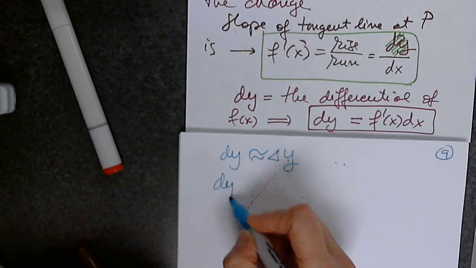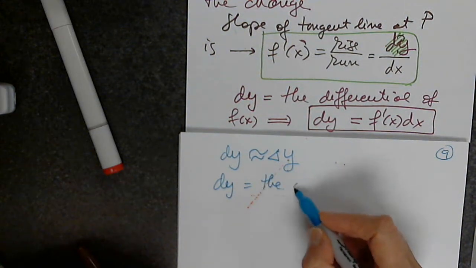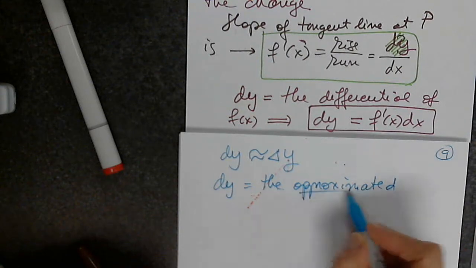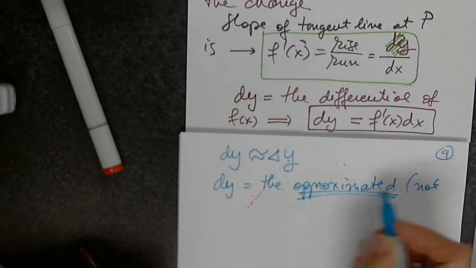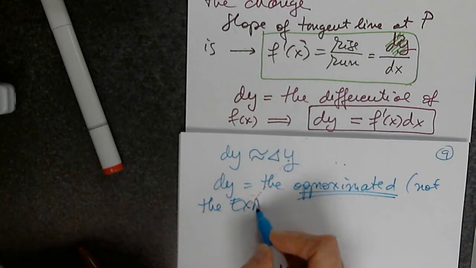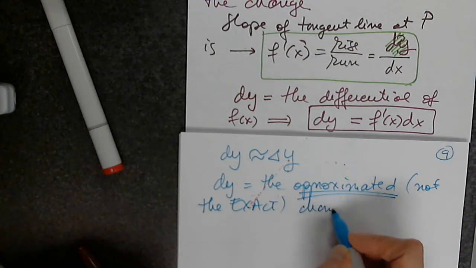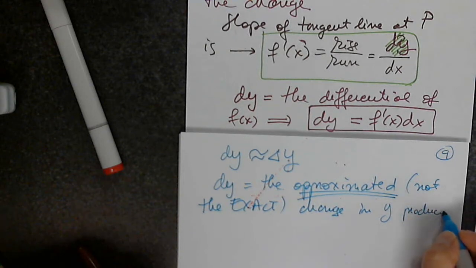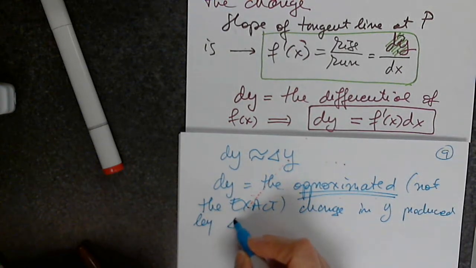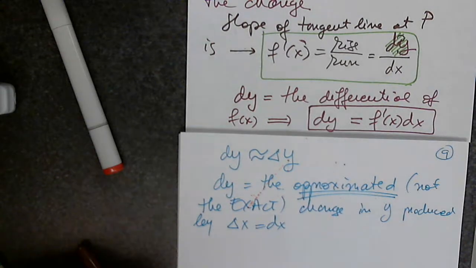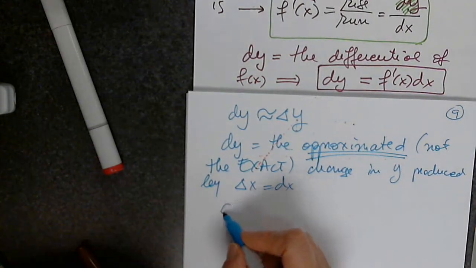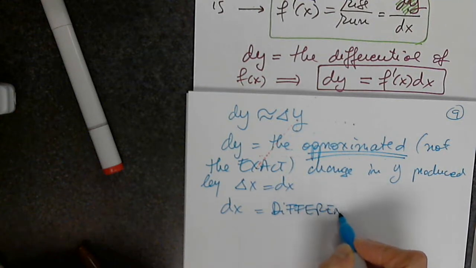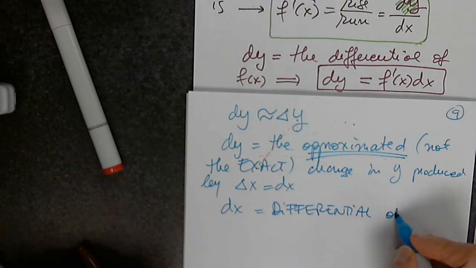So dy is the approximated, not the exact, change in y produced by delta x or dx. And dx is called the differential of x.